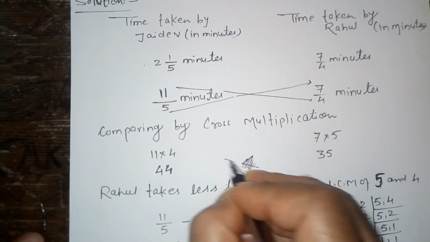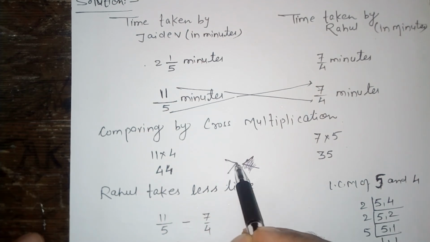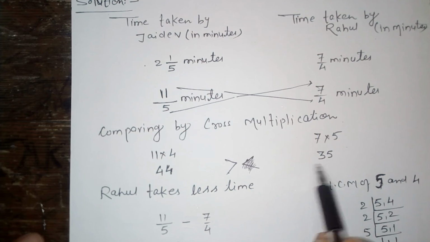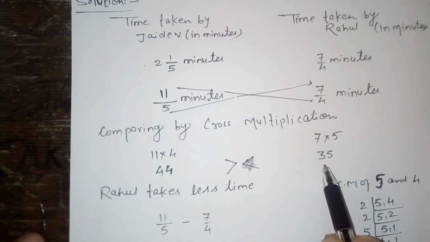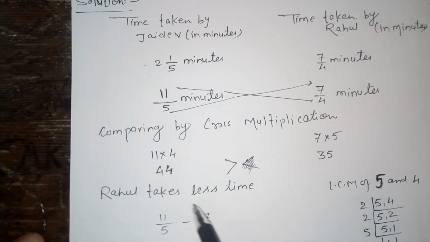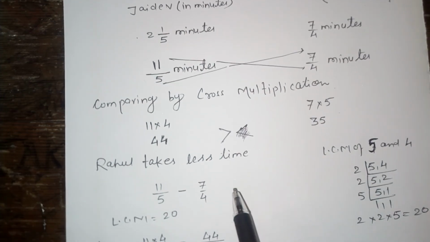My dear student, 44 is greater than 35. The meaning is Rahul takes less time. So what will you do?